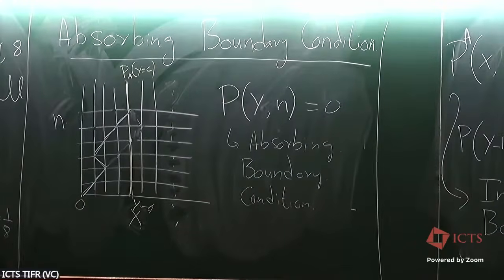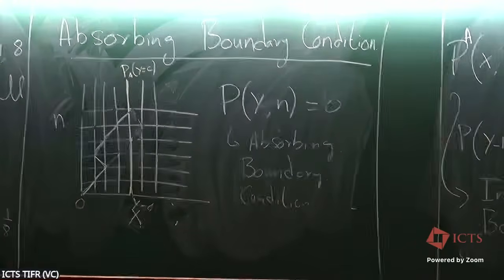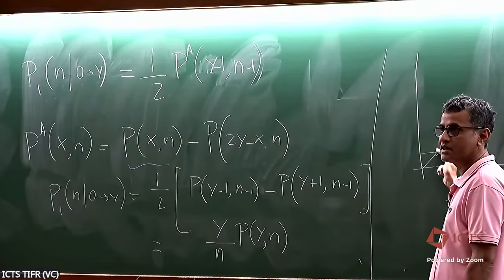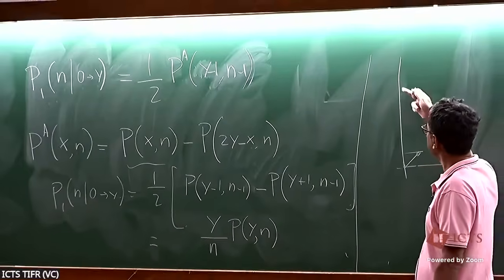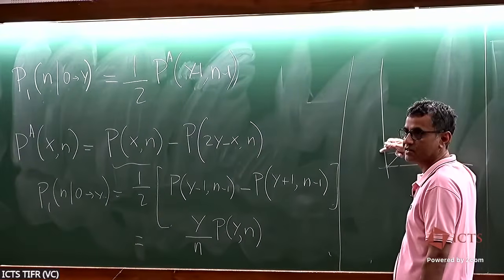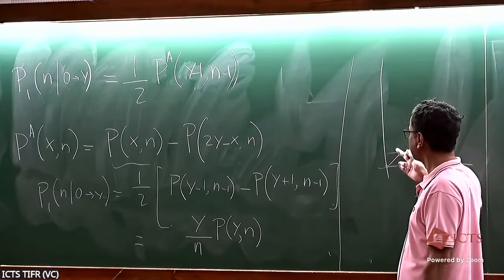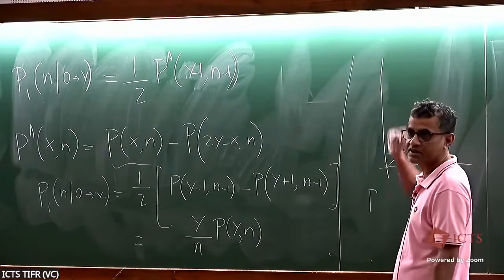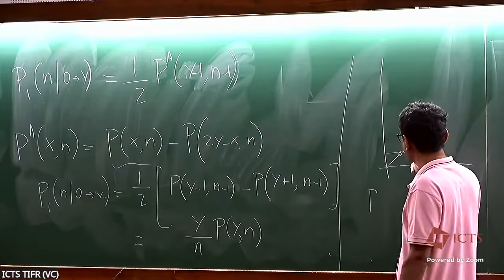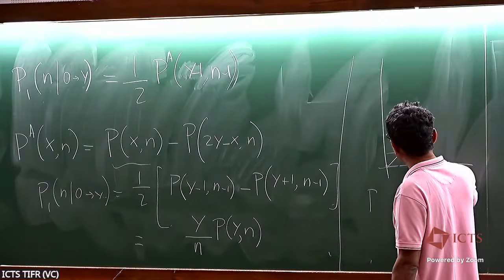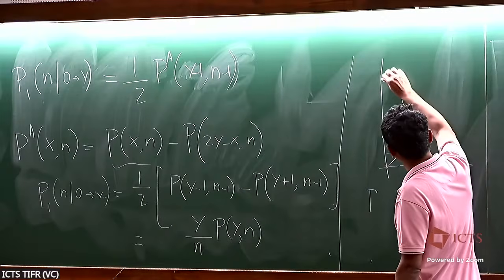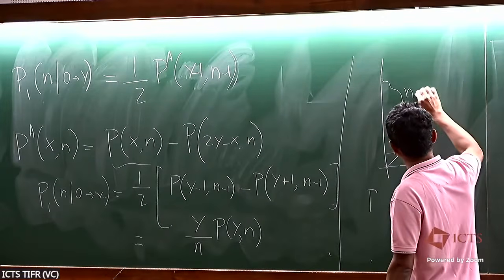Let's say the first step is this, and then we ask, given it's here, what is the first return to this line? Then that of course automatically gives us the first return to the origin in n steps. So from here we ask what is the return to this line. So this is 1, let's say. What is the first return in n minus 1 steps?